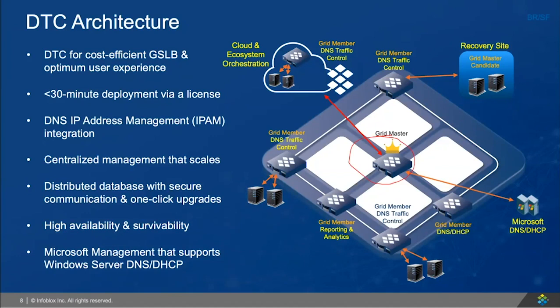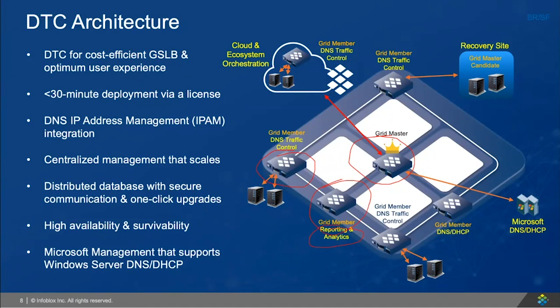That's right in the center, and that's the centralized database and the centralized UI, and all your API calls are going to that. The grid master can also sync data from Microsoft DNS if we want, and DHCP. And then we've got a bunch of grid members, and these members can do all sorts of things, whether it's our reporting or whether it's doing discovery.